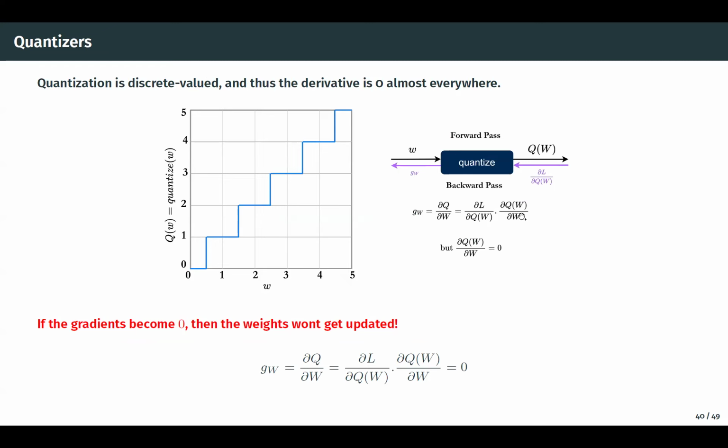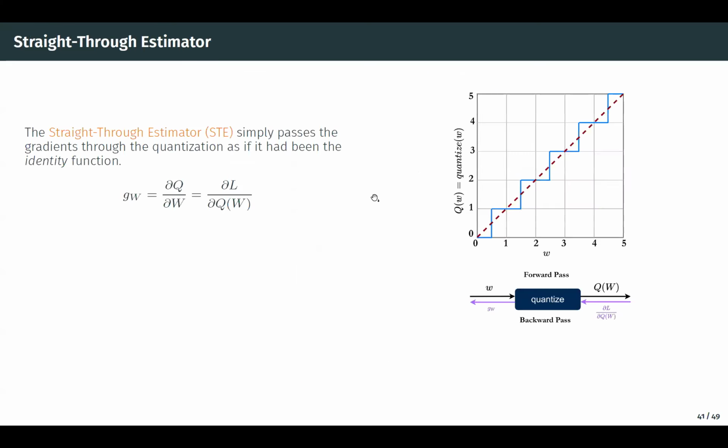If the gradient is 0, then we are not going to learn anything in the backward process. So a method was proposed to assume this is 0, this is 1, and we set this to 1, so we are able to learn the backward gradients. You make it transparent in a way. This is the process.